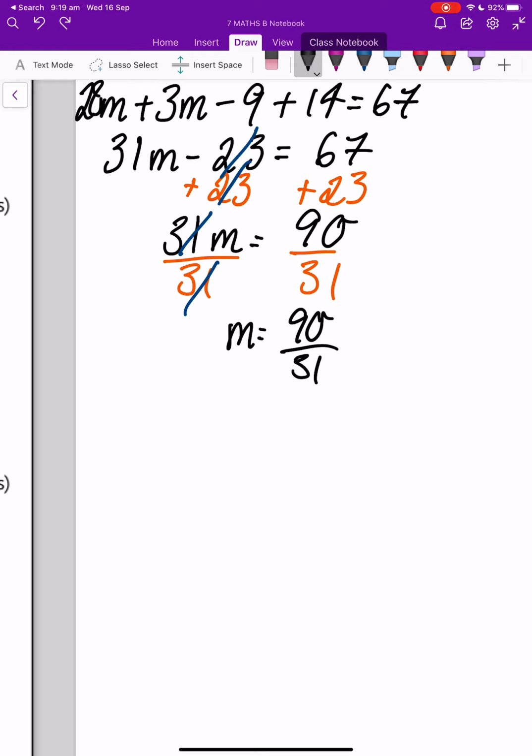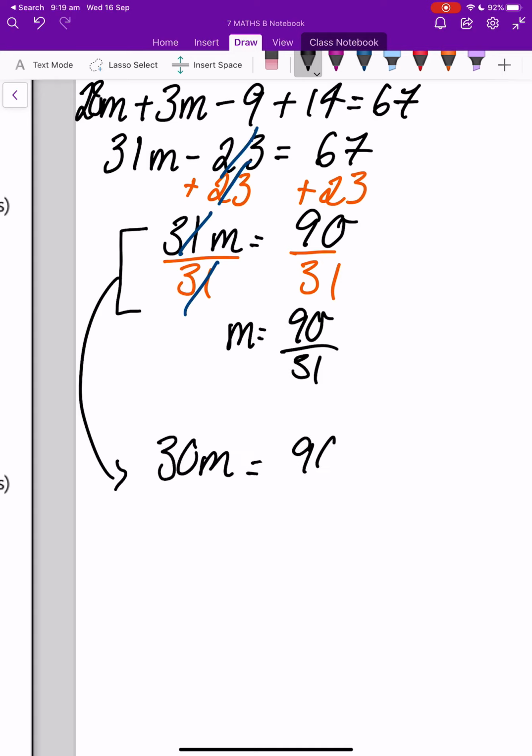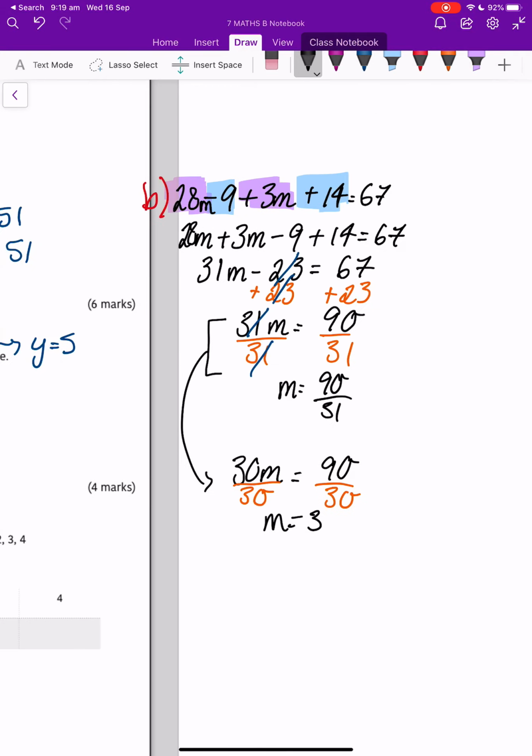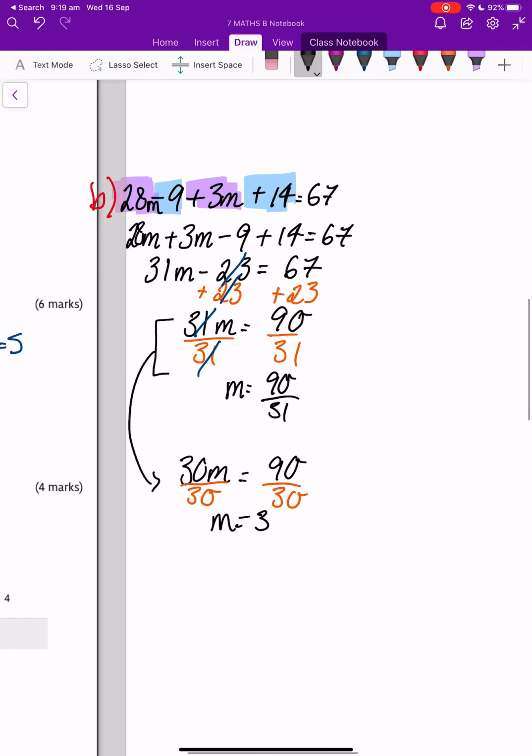So what I should have given you was 30m equals 90. Then you would divide both sides by 30, and you would find that m equals 3. Anyway, don't worry, just so you know.